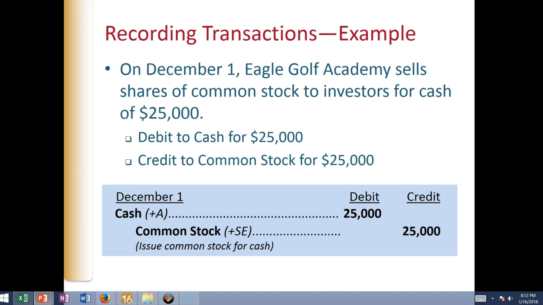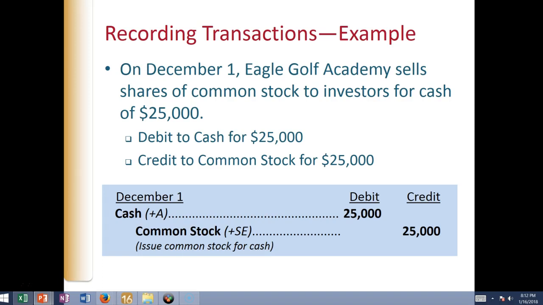When we gain more stockholders, what happens with stockholders' equity? It increases. So when we sell shares of stock, what do we get? Okay. Cash. What happens to cash? It goes up, and cash is an asset.